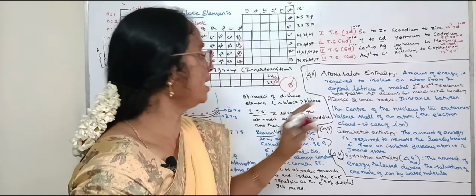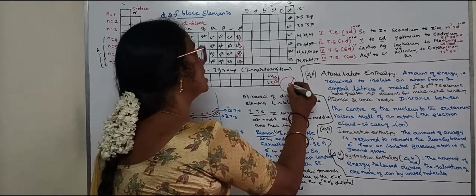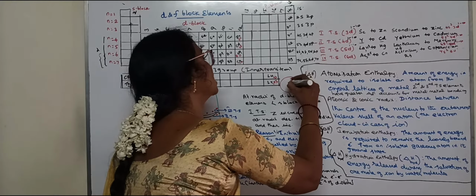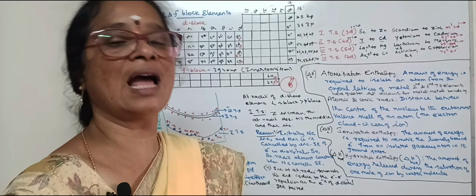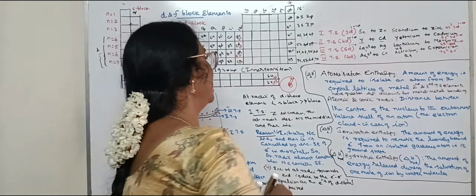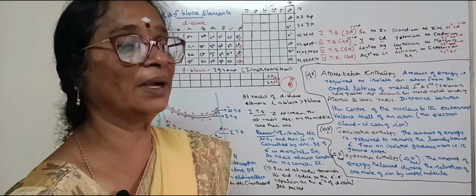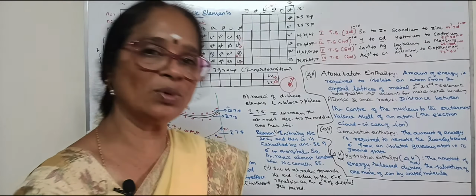So atomic radius is defined as the distance between the center of the nucleus and its outermost valence shell. When you consider an atom, it has an electron boundary at the valence shell. But when we consider ionic radii, what would happen?